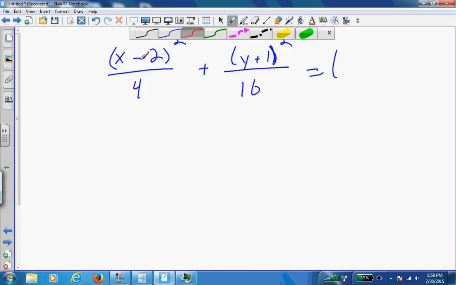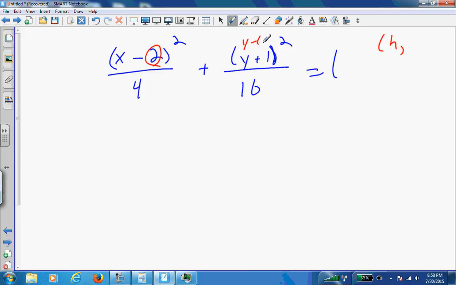So whatever x minus whatever this number is, that tells us h. y minus the -1, so k is -1. So 2, -1. Now, that's not the quote-unquote vertex of the ellipse, that's the center of it. If you think about the middle, the center, the centroid, center of mass of an ellipse, that's where that would occur.